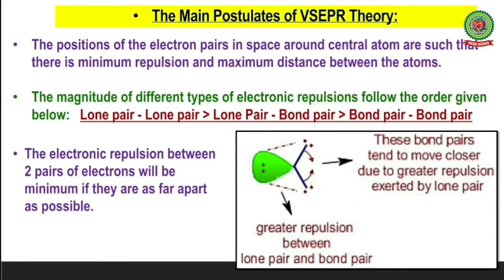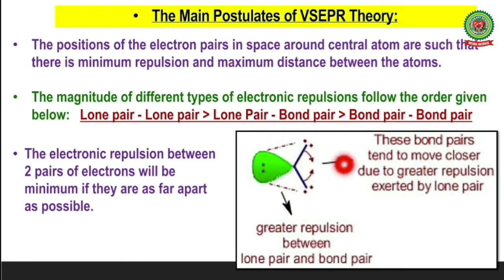The electronic repulsion between two pairs of electrons will be minimum if they are as far apart as possible. So in a molecule, the atoms arrange themselves in such a way that the repulsions are minimized and the distance between them is maximum.